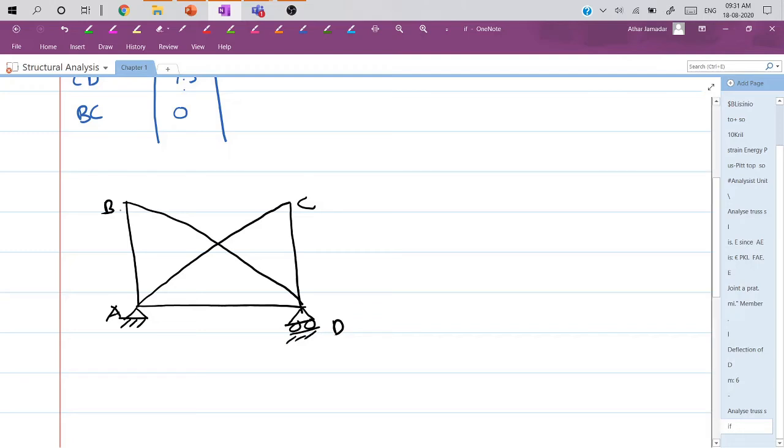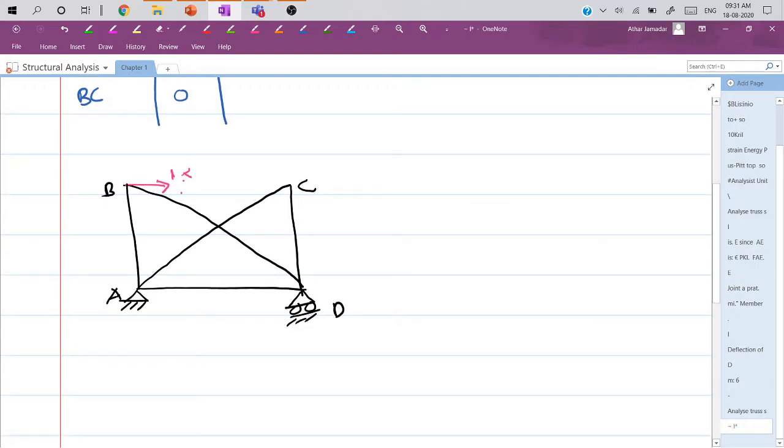We have removed this member BC, so at point B and also at point C we have to apply a load of 1 kilonewton. So I will apply a load of 1 kilonewton at joint B, and at joint C also I will apply a load of 1 kilonewton.